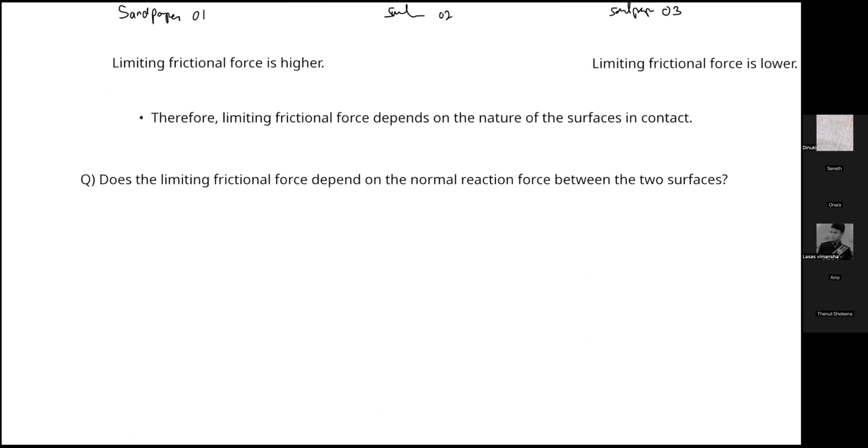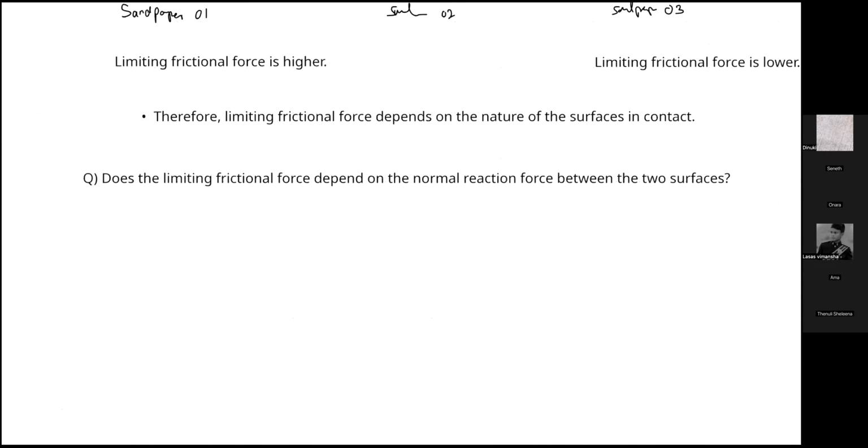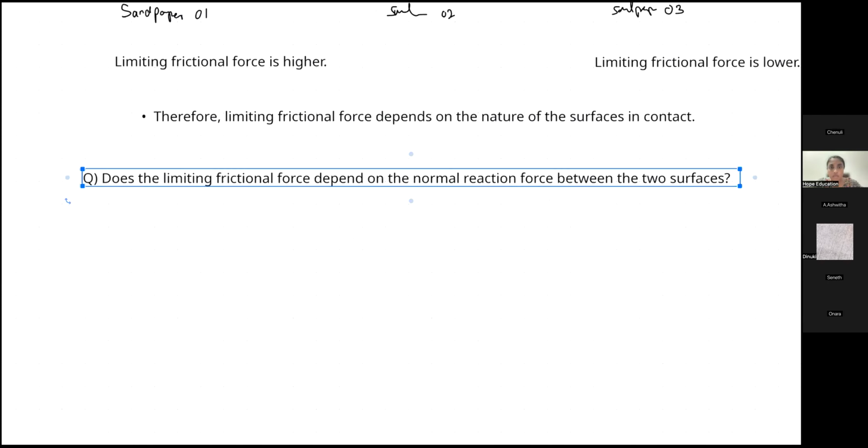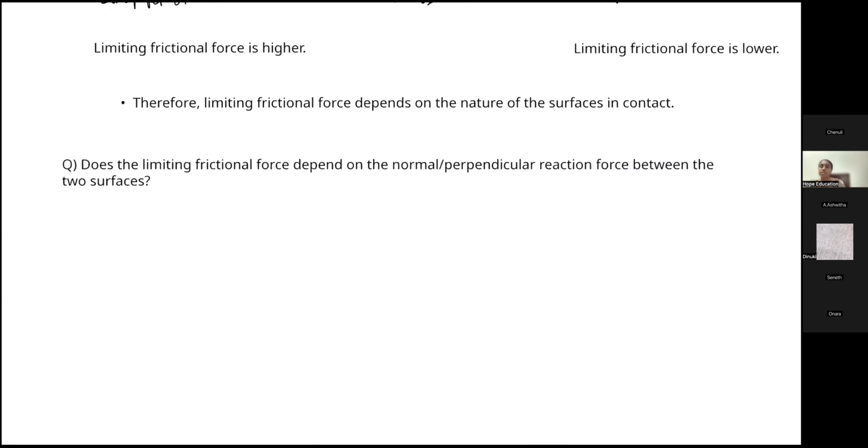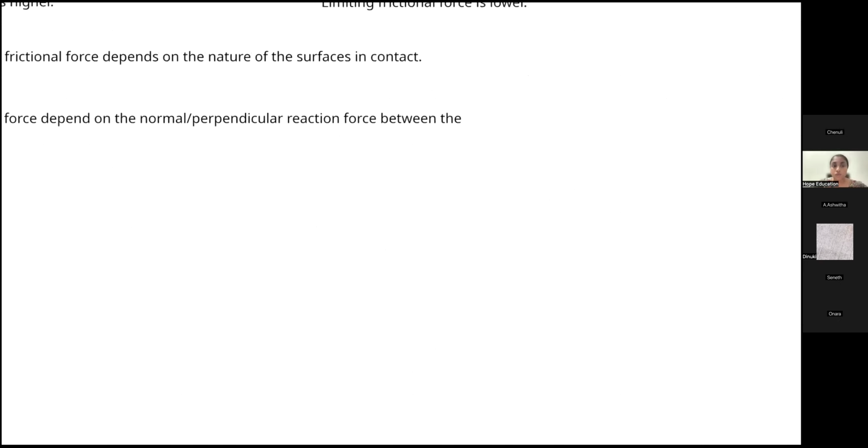So here we have to know what is this normal reaction force. So sometimes we call this perpendicular reaction force, right? First of all, let me teach you a bit about the perpendicular reaction force.